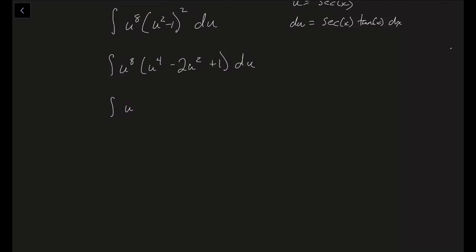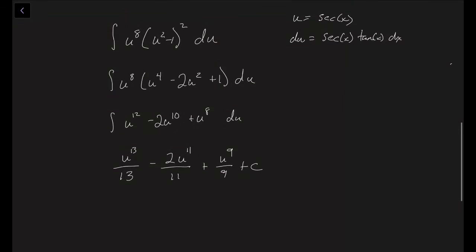Distribute that u to the 8th, we get u to the 12th minus 2u to the 10th plus u to the 8th du. And by integrating, we get u to the 13th over 13 minus 2u to the 11th over 11 plus u to the 9th over 9 plus c.